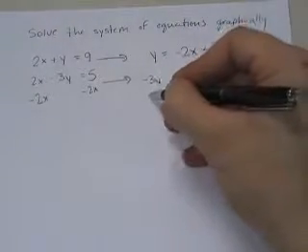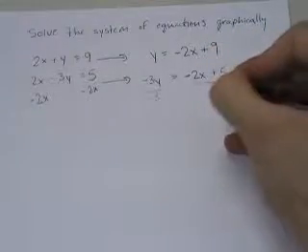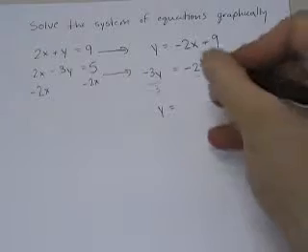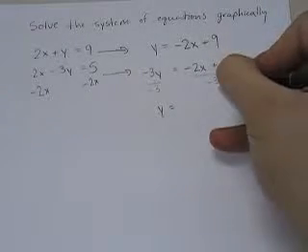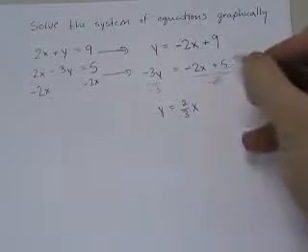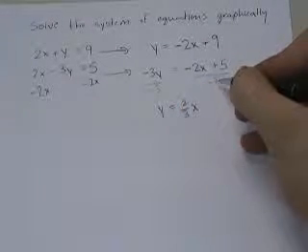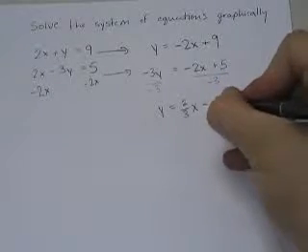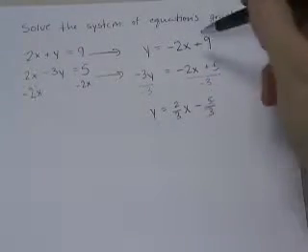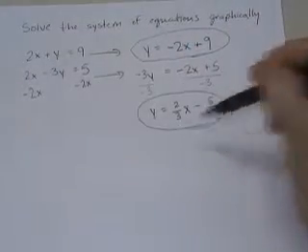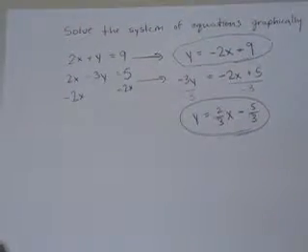Then we divide both sides by negative 3. And we will get y equals negative 2 divided by negative 3 will be positive 2/3 x. And then positive 5 divided by negative 3 will be negative 5/3. So now I have two equations and they're both in slope-intercept form.